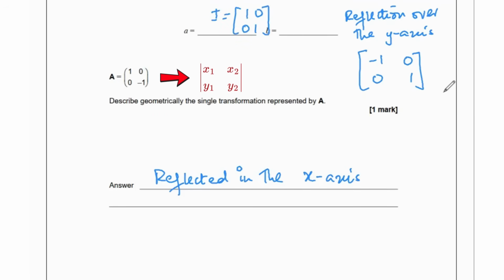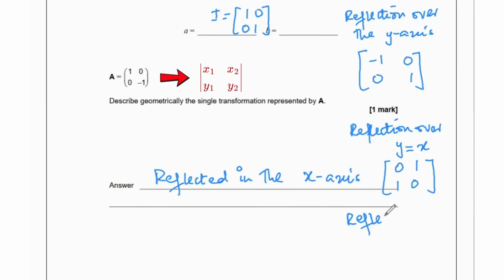Then if it's a reflection over y equals x, you swap them, so it becomes 0, 1, 1, 0. And if it's a reflection over y equals negative x, then it's 0, negative 1, negative 1, 0. So these are the reflections that you can get for transformations.